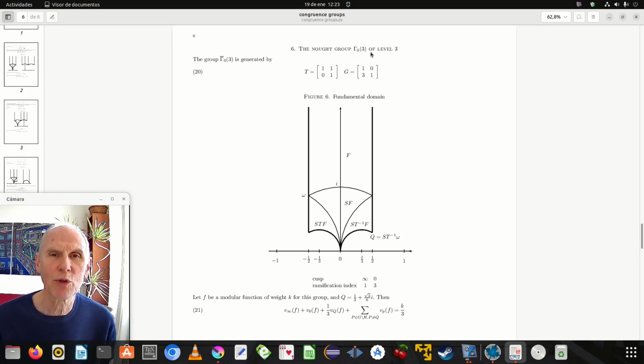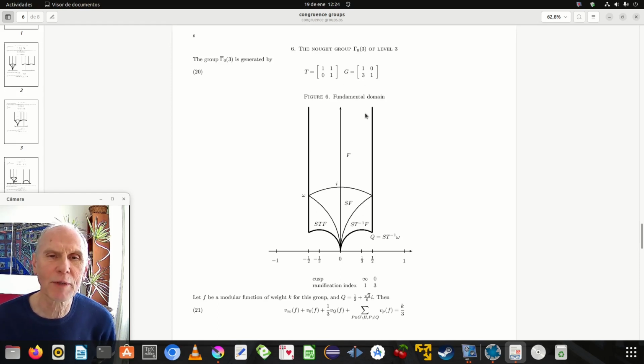Of course not gamma naught of 3, because M1 just is the naught space here. But gamma 1 is generated by these two guys.